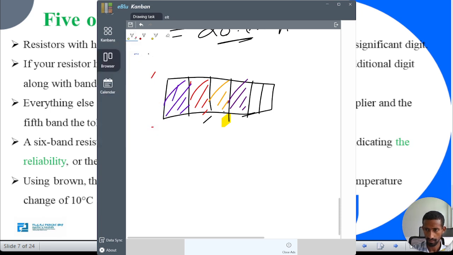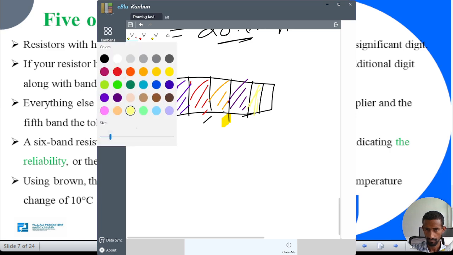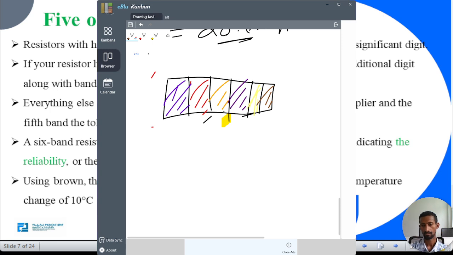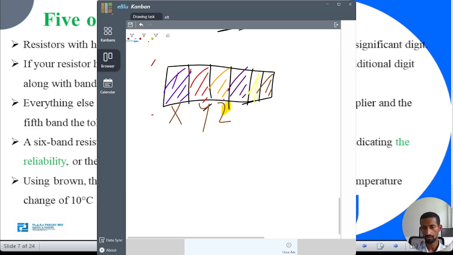And let's change the color. This one is the fifth band, and this one, the last, is the sixth band. So let's say the first three bands indicate the digits X, Y, Z. The fourth one is the multiplier, let's say A. The fifth one indicates the tolerance, plus or minus.